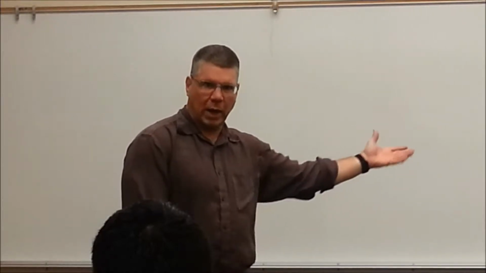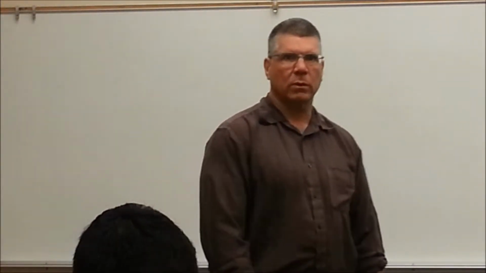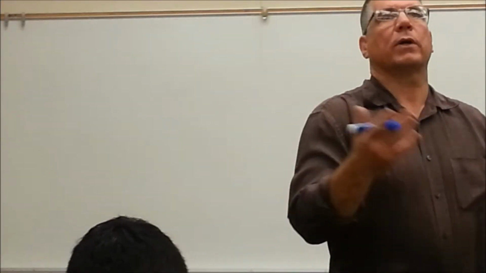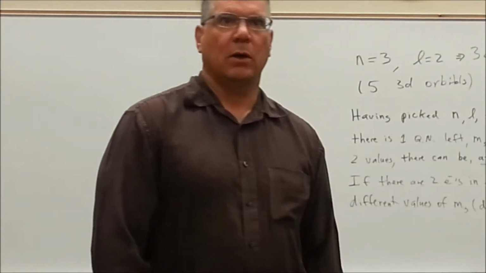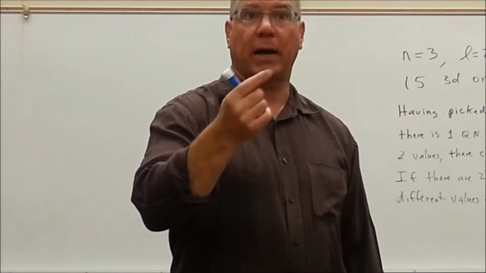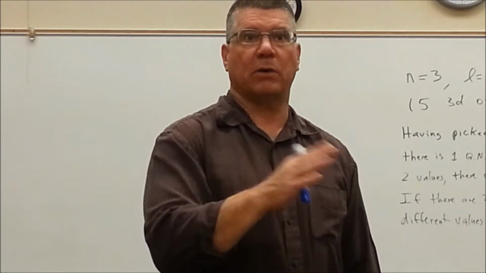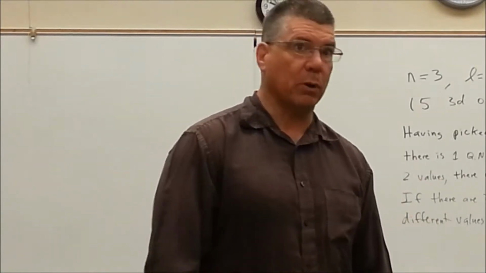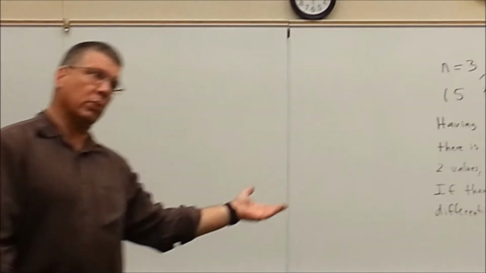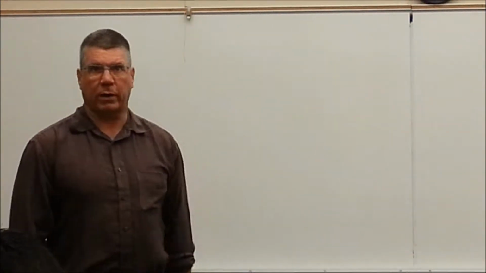I'm trying to say why that is. How do you figure out what the spin is? You don't care. All we care about is that it can only have 2 values, up or down, let's say. And that's what determines how many electrons can be in that orbital. It's 2 at most. Notice I'm saying at most. There could be 0 electrons in an orbital, or 1, or 2, but those are the only options.